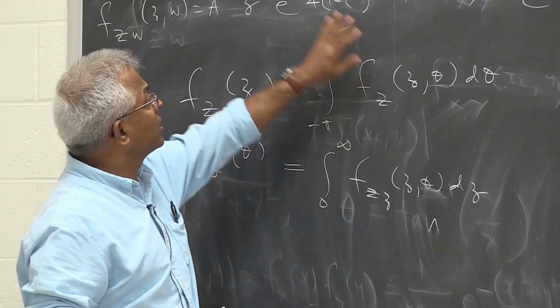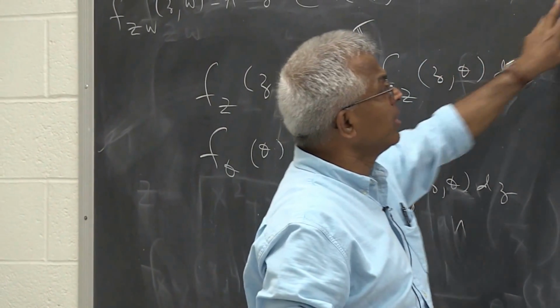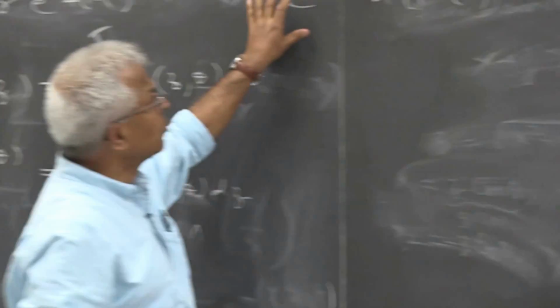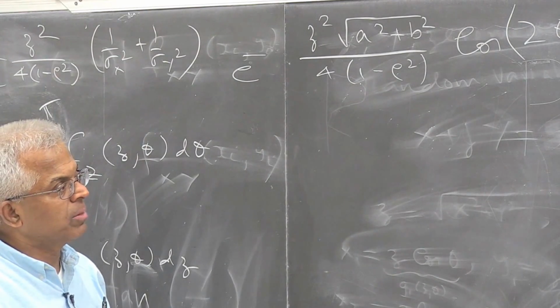So this integration is easy because remember you are integrating with respect to theta. So you'll have to integrate here, and those of you who know that particular integral know it can be expressed in terms of the Bessel function.